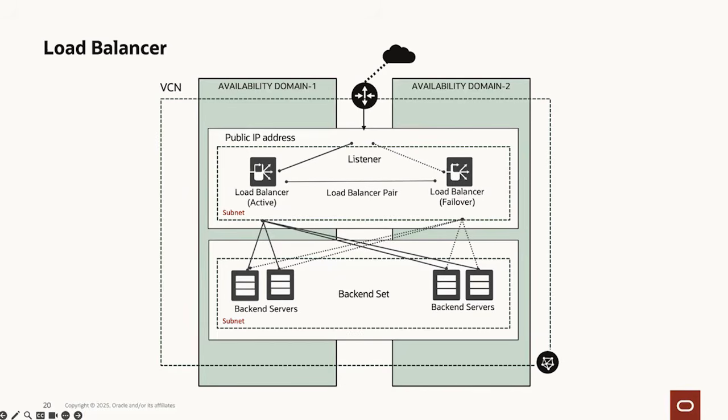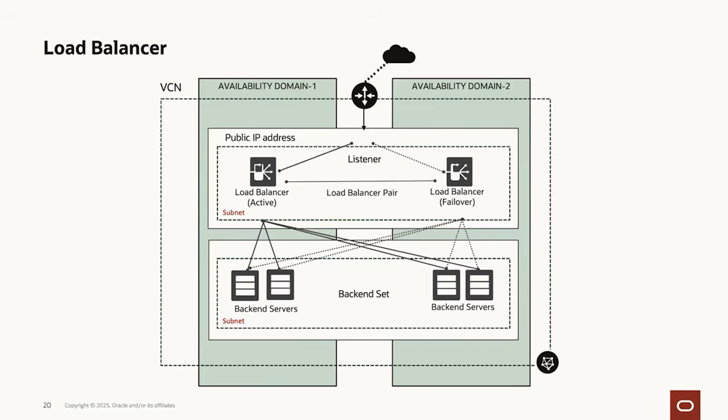We also have another type of load balancer, and that's going to be our private load balancer. So when you create a private load balancer, the service requires only one subnet to host both the primary and standby load balancers, but you can also host them in a regional subnet as well. And if you host them in a regional subnet with multi-AD region, that's going to provide failover capability. So it's going to be a similar setup to this, to where you would have a failover placed in a separate availability domain.